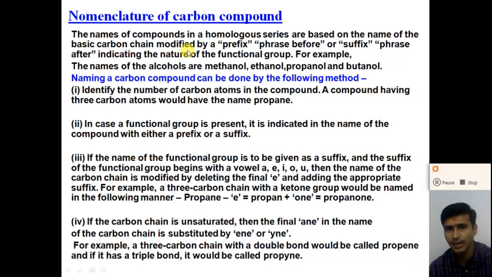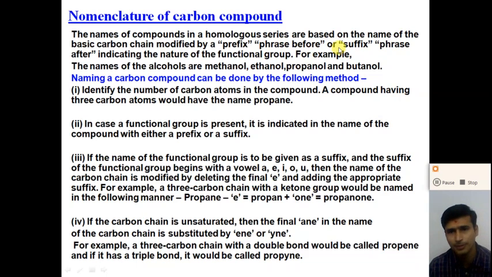If three carbon atoms, the name is propane. If four carbon atoms, butane. Five carbon atoms, pentane. If six carbon atoms, hexane, right? So simply, the names of carbon compounds in the homologous series are based on the name of the basic carbon chain, modified by the prefix.